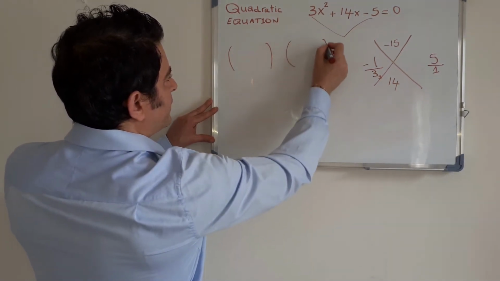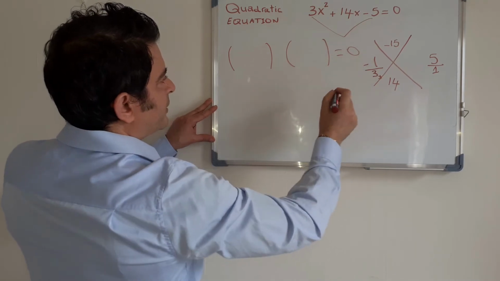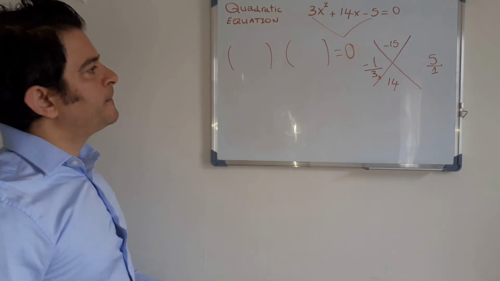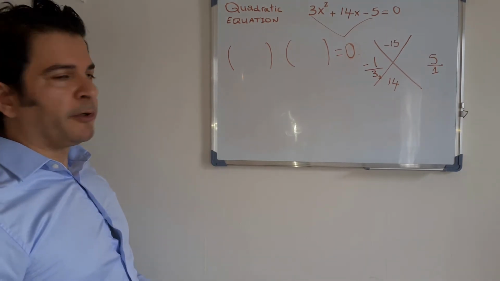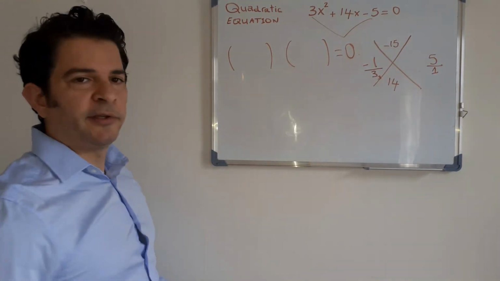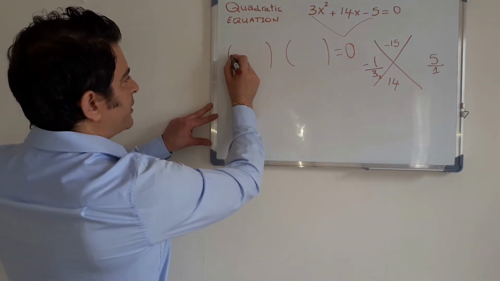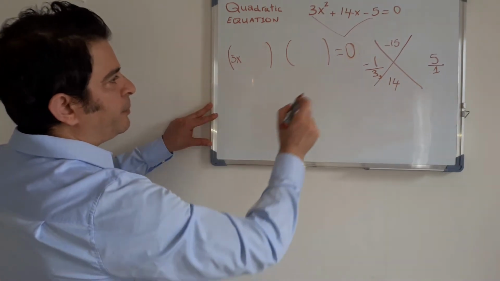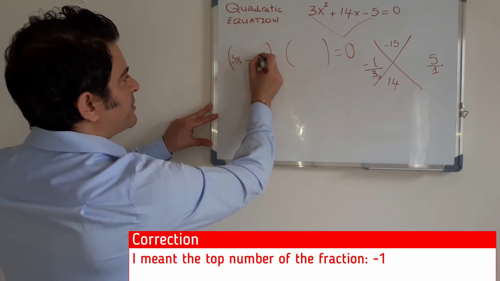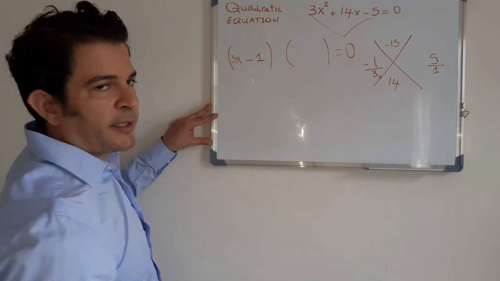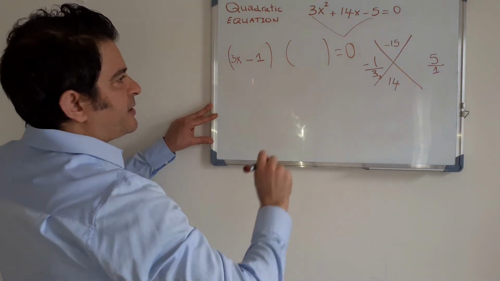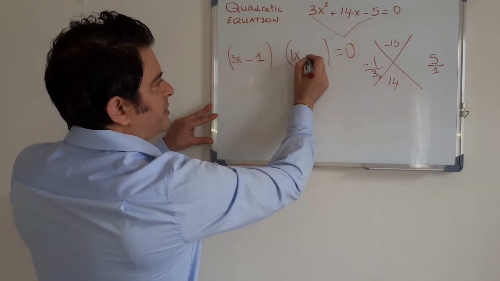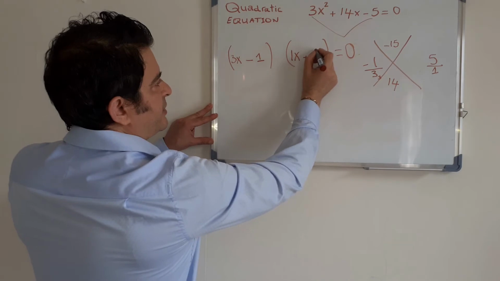So the bottom number of this fraction will be the coefficient of x, and the top number will be the constant. The same thing with the other fraction. So the bottom one is the coefficient of x, and the positive 5 is the constant.